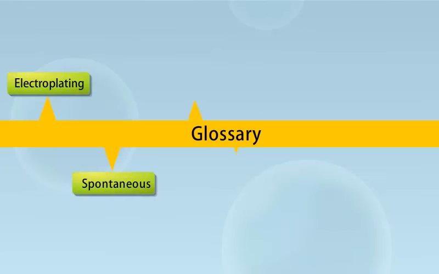Salt bridge allows the flow of current by completing the circuit. It allows the flow of ions but does not allow the flow of solutions. The electrical potential differences set up between the metal and its ions in the solution is called electrode potential.